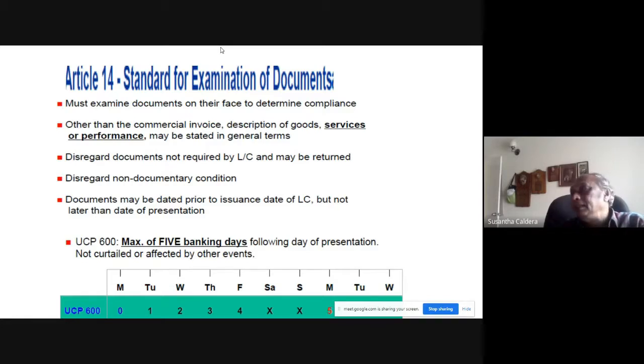Then according to the packing list, 100 units of grandfather clocks. According to the insurance, it says grandfather clocks. According to the BL, it says clocks. Make it clear, clocks.